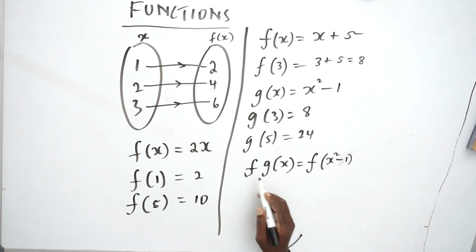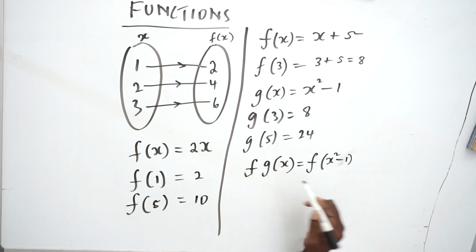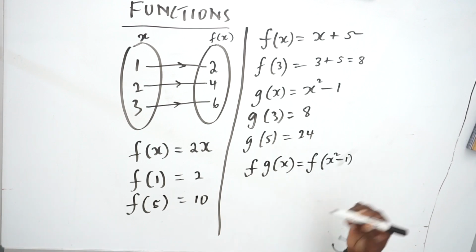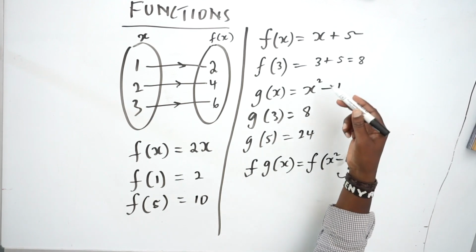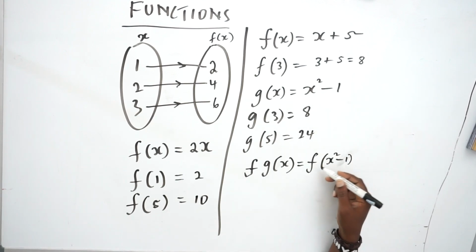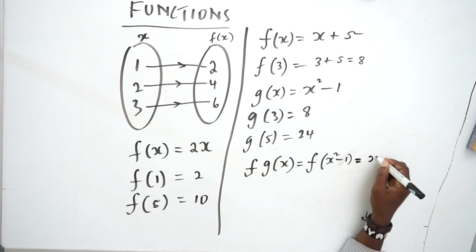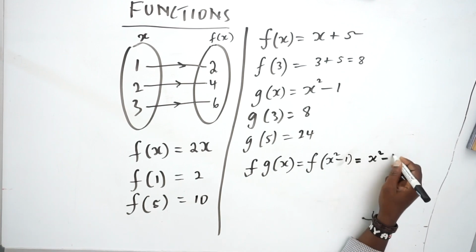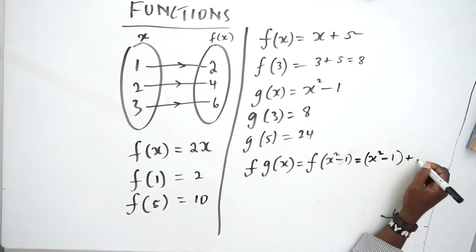So if you have fg of x, that is the same as the function f acting on what g of x has done. Now, f of x adds 5. So f acting on this would give us x squared minus 1 plus 5.